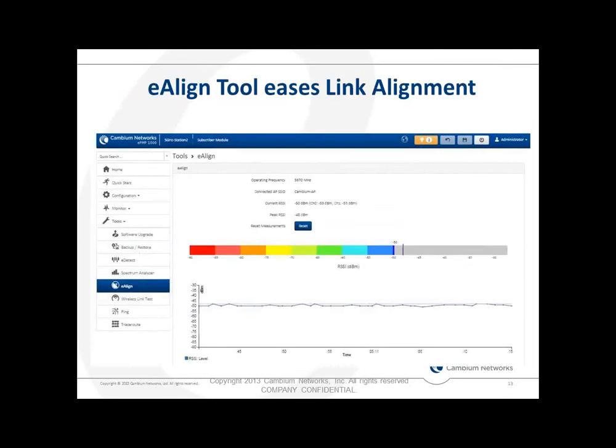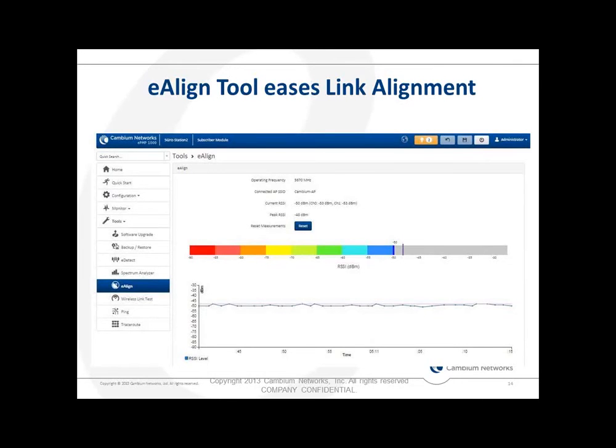Now, as I mentioned before, one of the other capabilities we're adding to the release is a new tool. We call it E-Align. You'll find it under the Tools menu on the radio which is the slave, or the SM, in the point-to-point link.